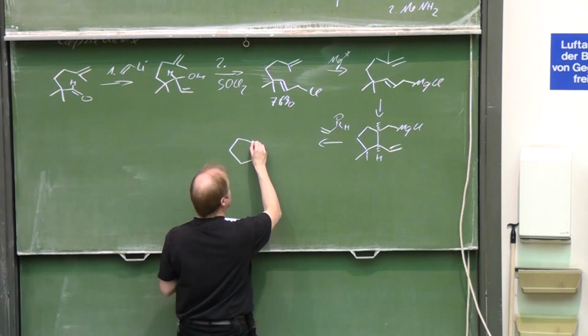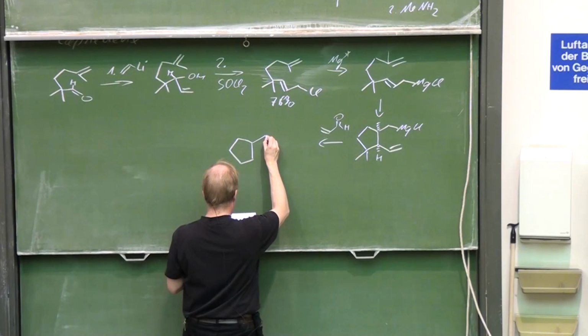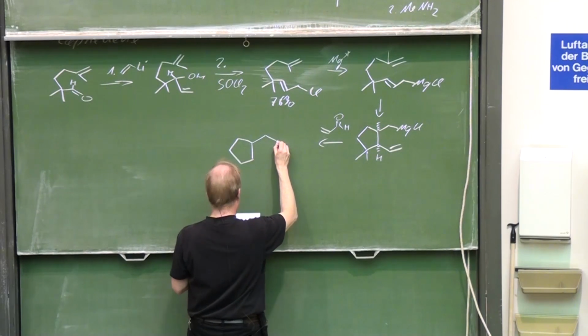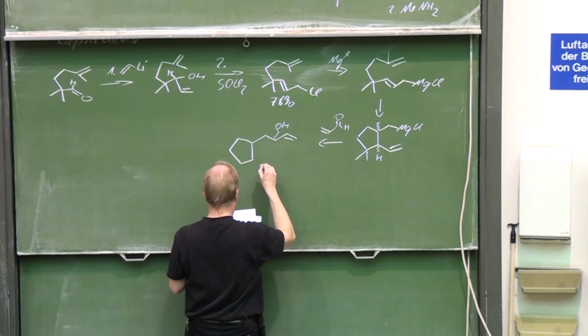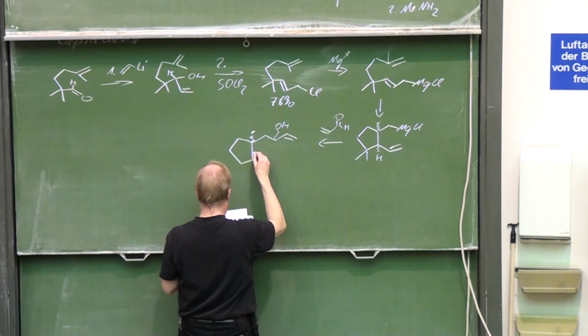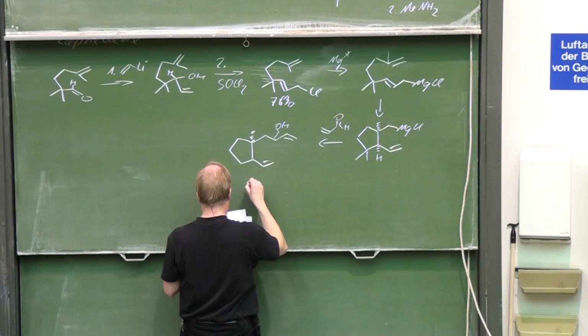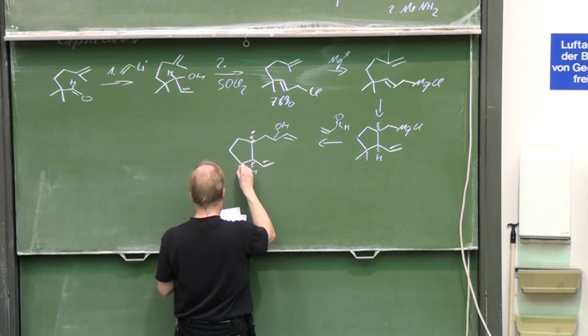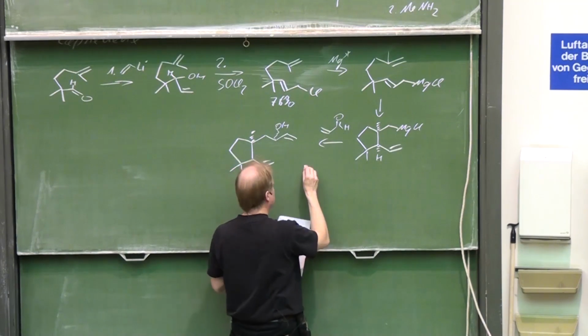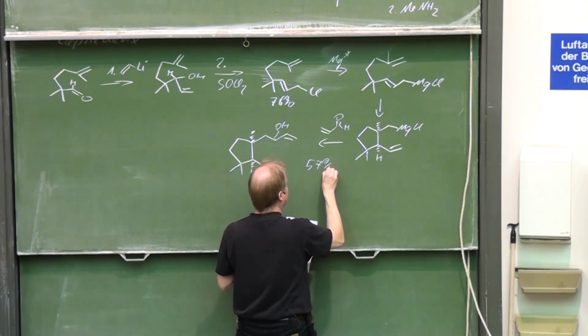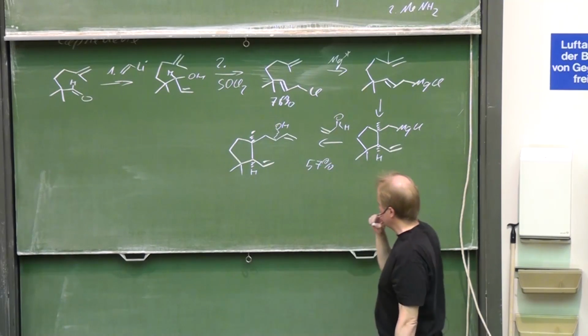Giving again an allylic alcohol. The yield achieved was 57%.